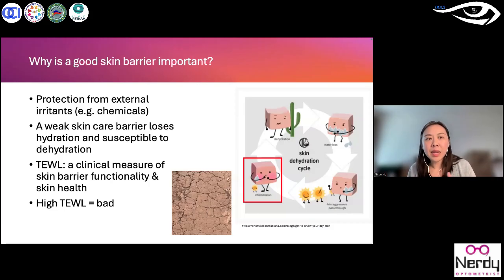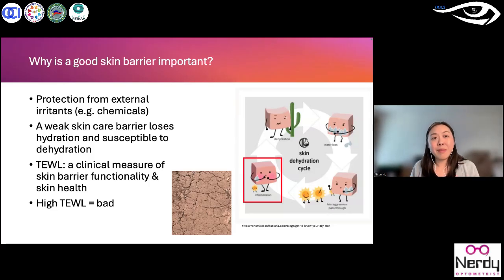Now, we've talked about a skin barrier, but why is a good skin barrier important? It's important because, like I said before, it gives us protection from the external world, and this includes anything like irritants. It can be chemicals, it can be allergens, it can be anything whatsoever.